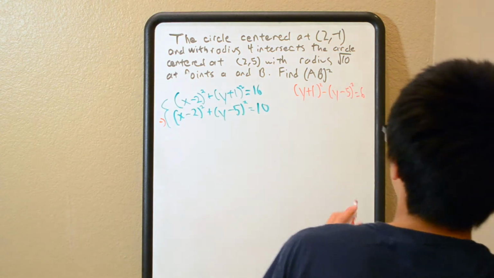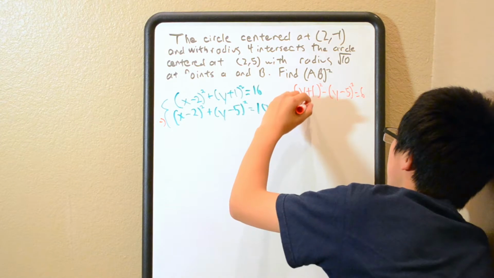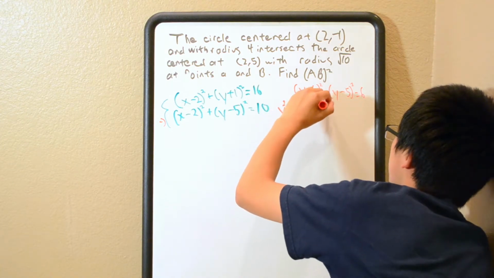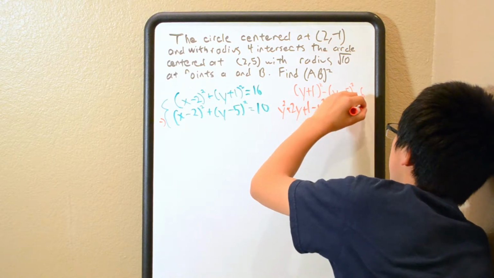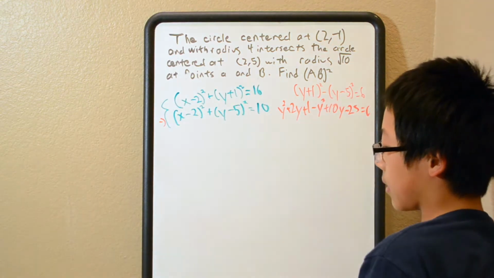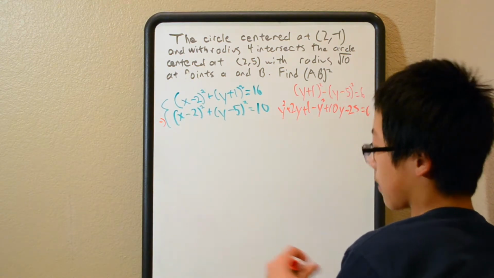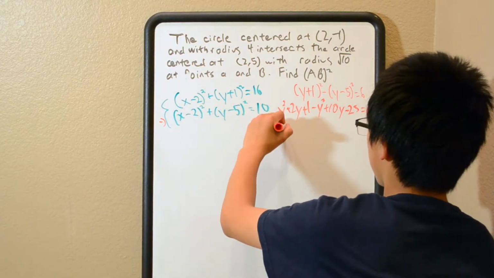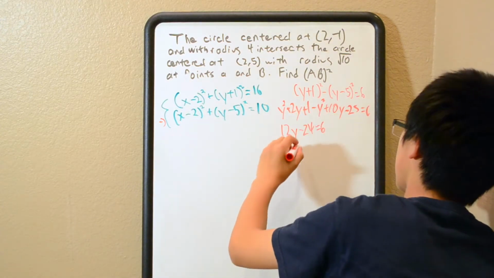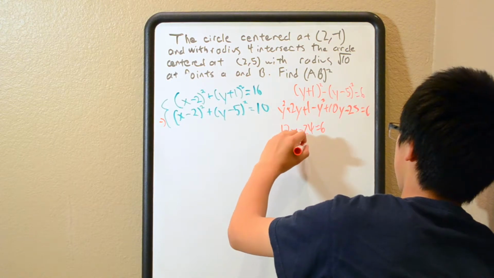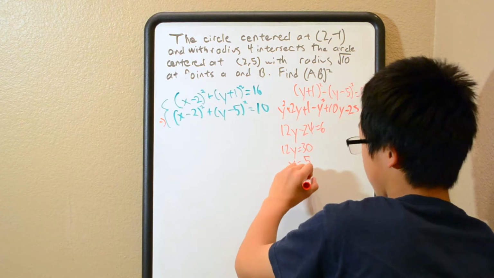And then we need to simplify that out. y² + 2y + 1 - y² + 10y - 25 equals 6. Once simplified, we get 12y - 24 = 6, and 12y is equal to 30. So y is equal to 5/2.